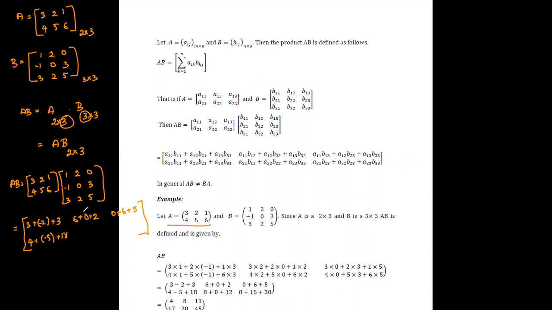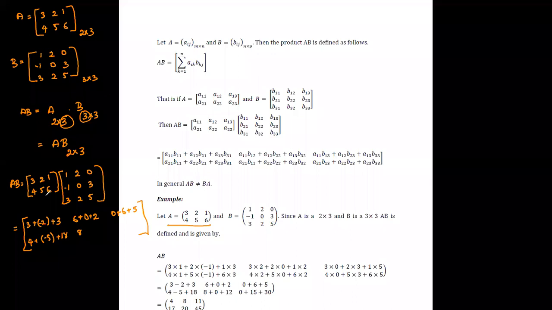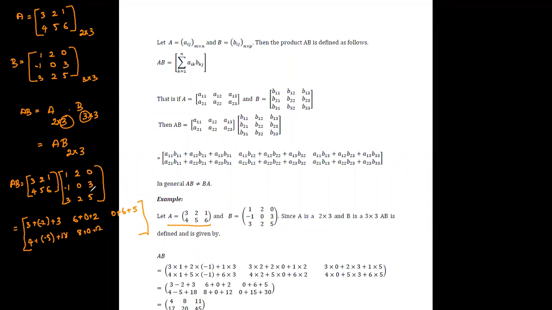Then move to the second column in the second matrix: 4 times 2, 5 times 0, and 6 times 2. Then move to the third column: 4 times 0, 5 times 3, and 6 times 5.